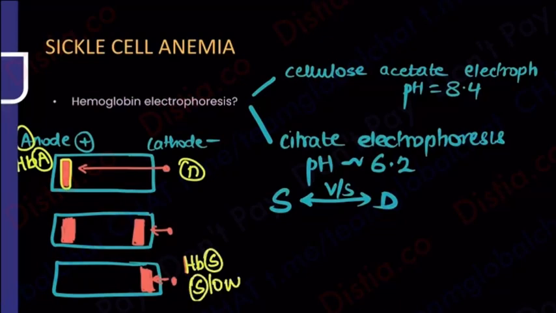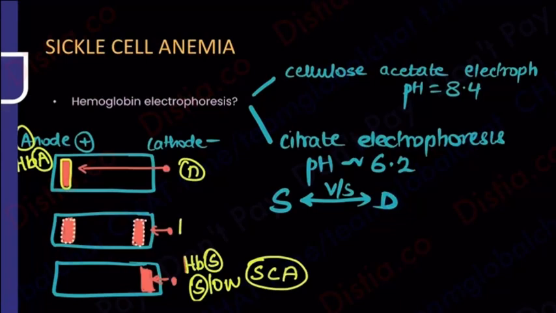Very, very slow means it is going to be put here and it shall remain here only. It was put over here and it remained here only. So sickle hemoglobin is very slow. This person has all sickle hemoglobin, which means this is a case of sickle cell anemia. And finally, this person has a little bit of slow sickle hemoglobin and a little bit of adult hemoglobin A.